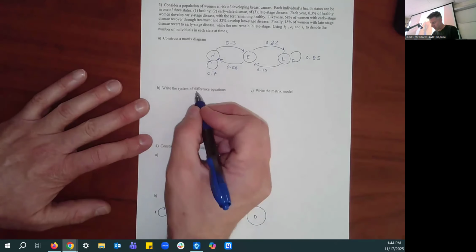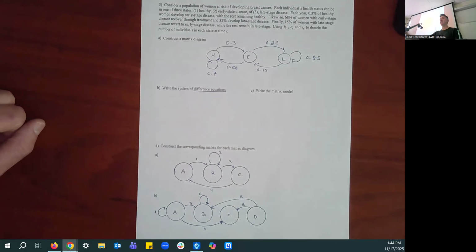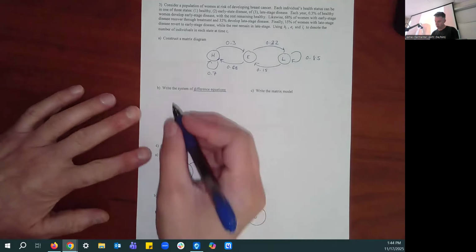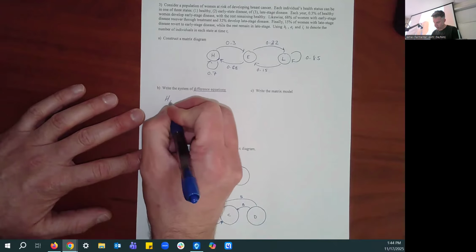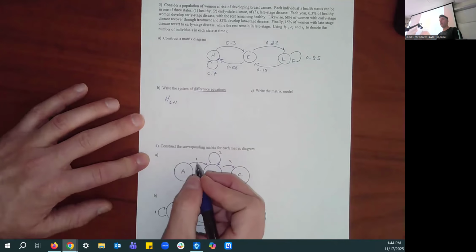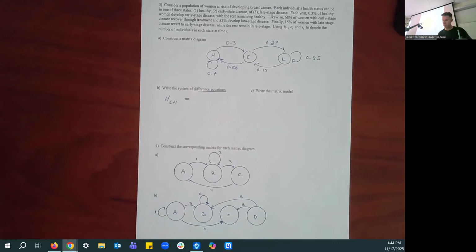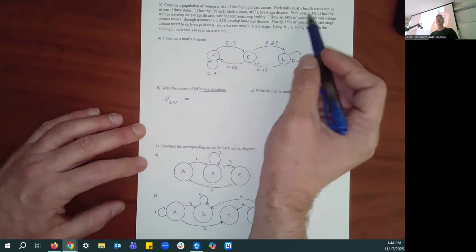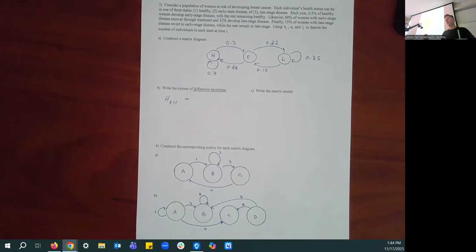So this word difference equations is just the next year versus this year. Your H sub t plus 1. So your healthy folks next year, or next iteration of time, right? It does say each year, but really the time interval is going to be whatever. They can be months, weeks, seconds, depending on what we're talking about.